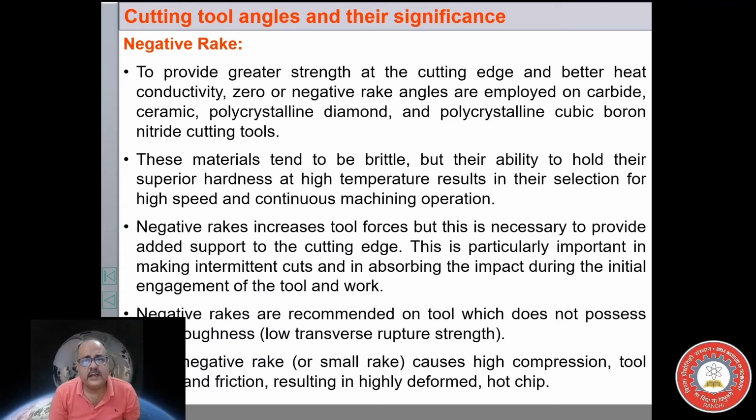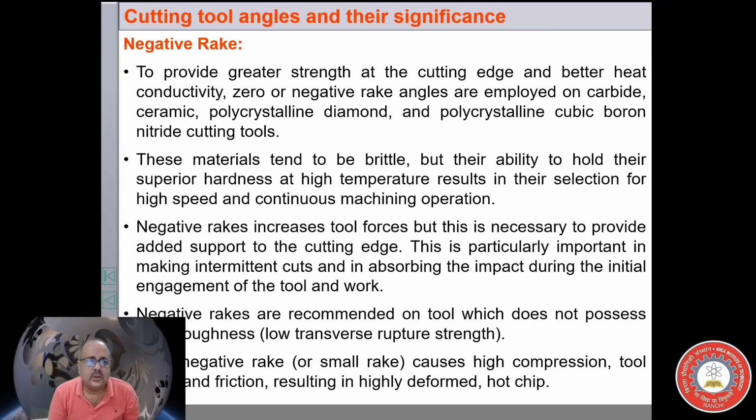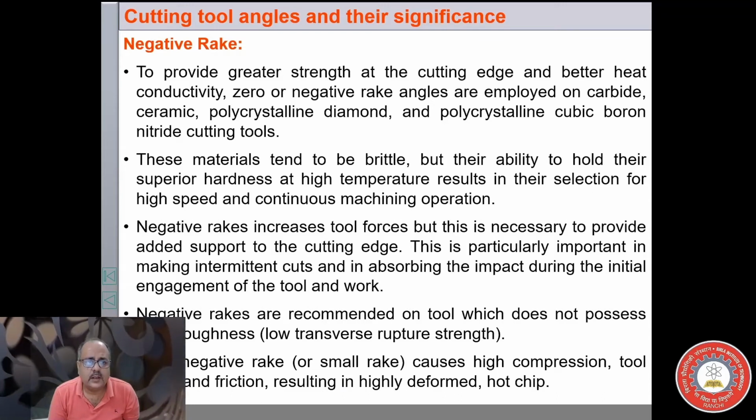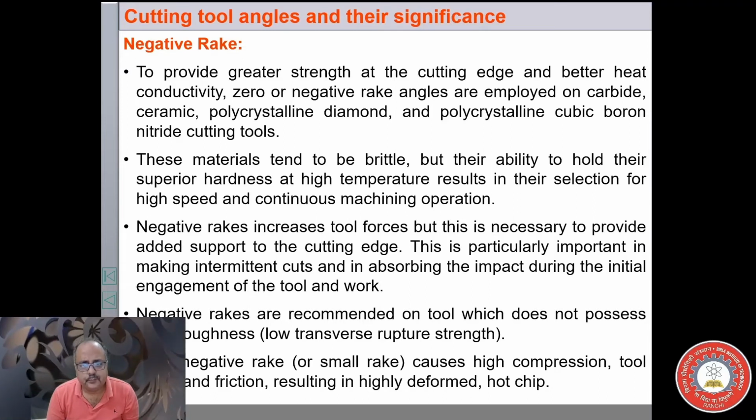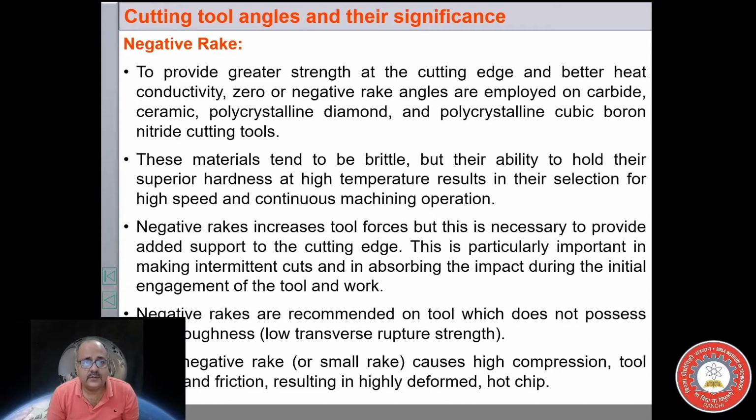Now, negative rake angle. With negative rake angle, the strength of the tool obviously is more. However, the problem with this is that it produces a highly compressed chip having high temperature, and the chip has a very rough surface. So now the question is, if this has so many problems associated with negative rake, why take negative rake angles?